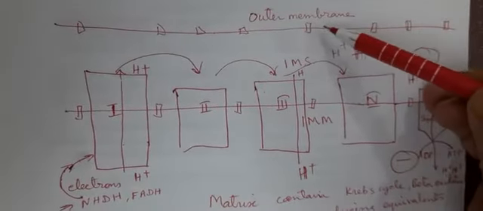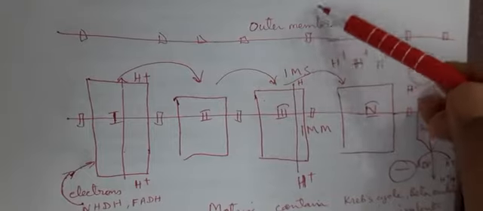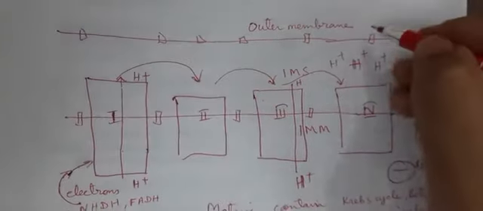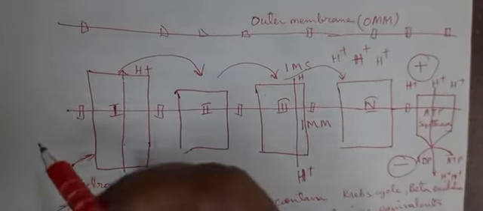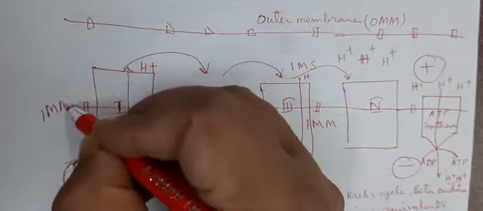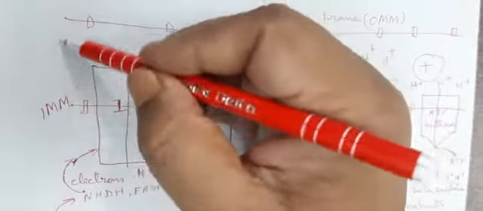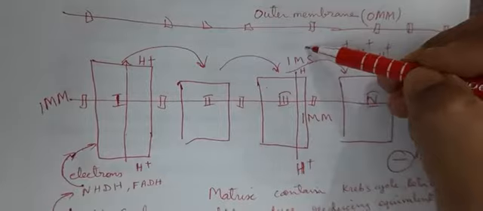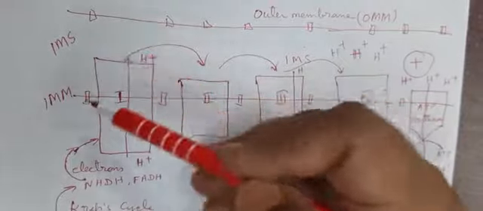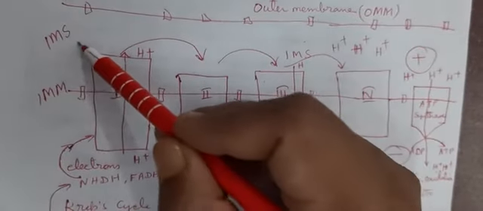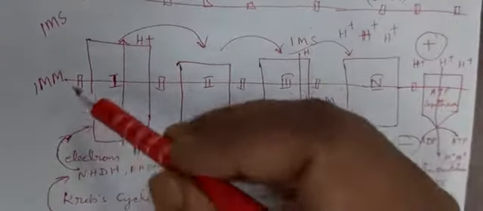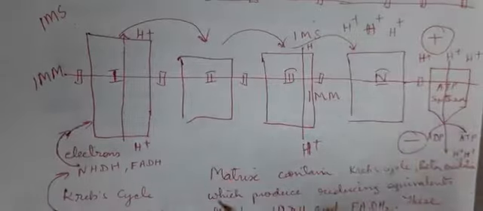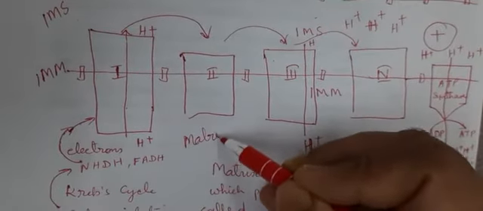This we can see, this is the outer mitochondrial membrane, that is OMM, and this one is the inner mitochondrial membrane, that is IMM. This is the intermembrane space, that is IMS. Then this membrane is enclosing the matrix which will be here.